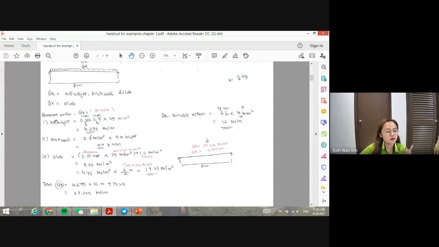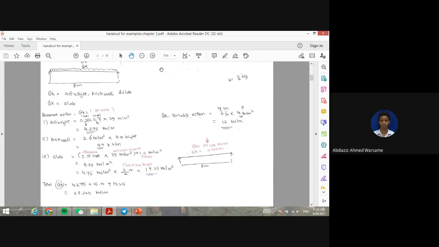On the slab you will have slab self weight, finishes, and variable actions. And on the beam you will have the brick wall if you have one, the beam self weight, and also the slab self weight and the variable action. Everyone okay with it?